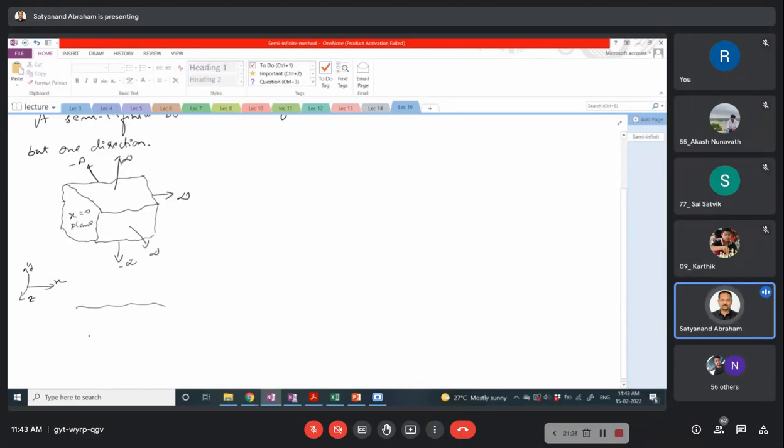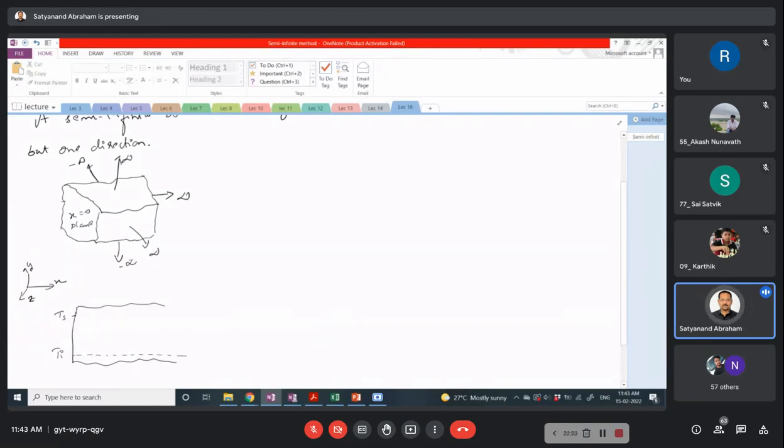If this is our semi-infinite body extending to infinity in the x direction, initially it is at a temperature Ti. Suddenly I increase the temperature on the surface to Ts.